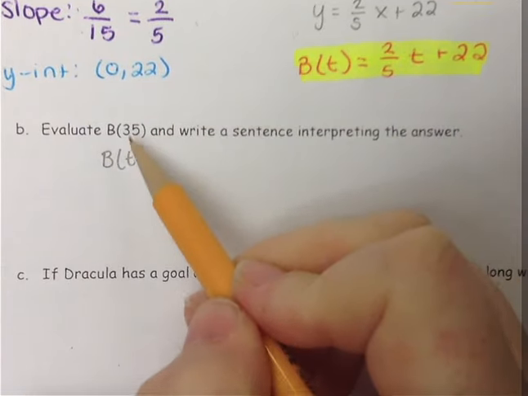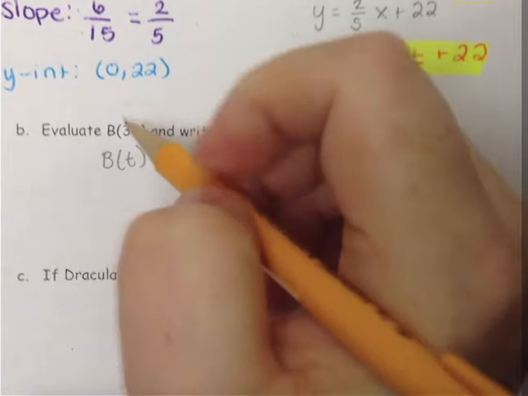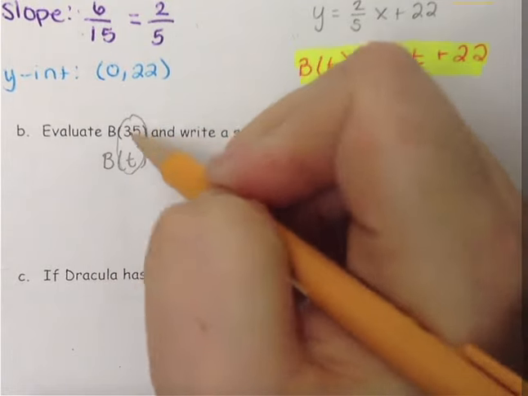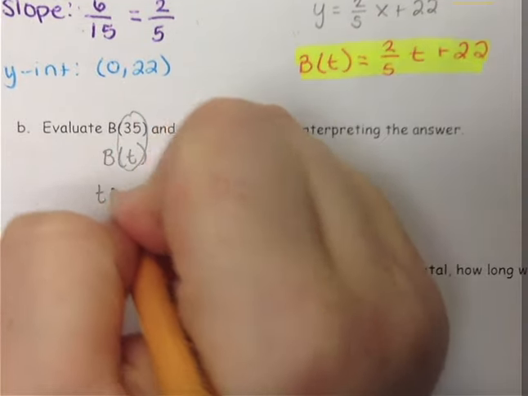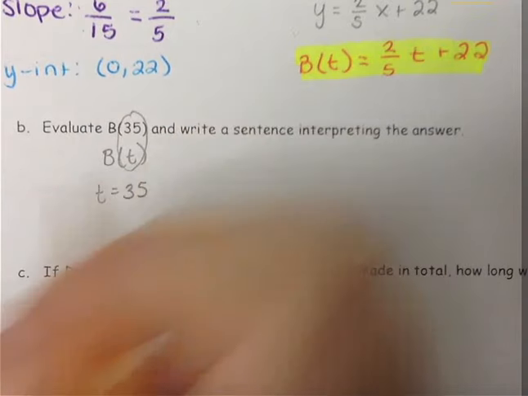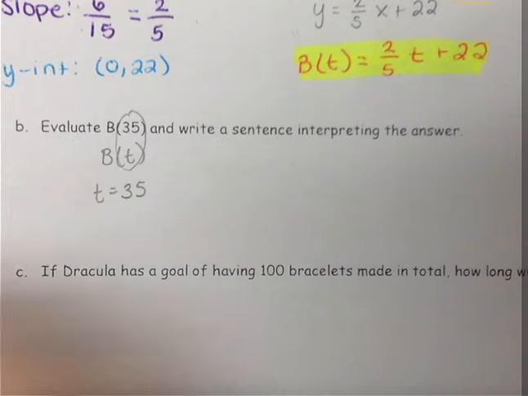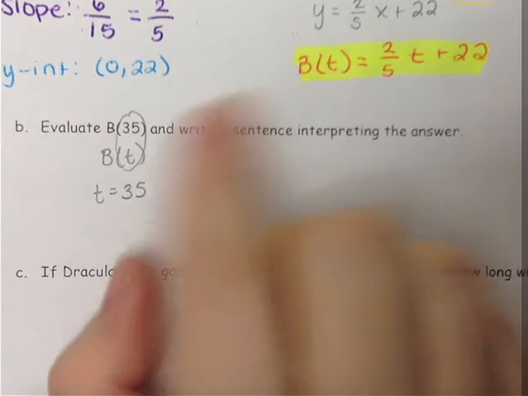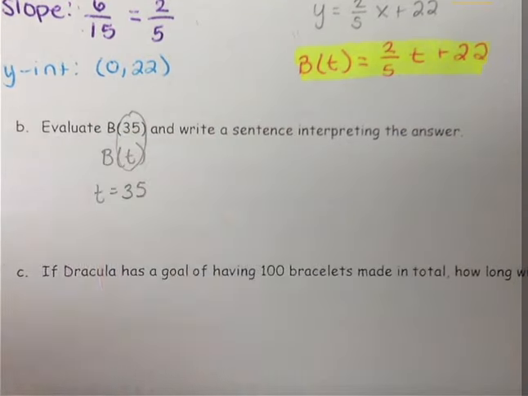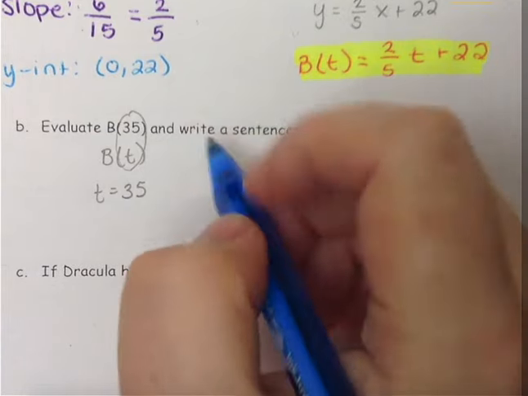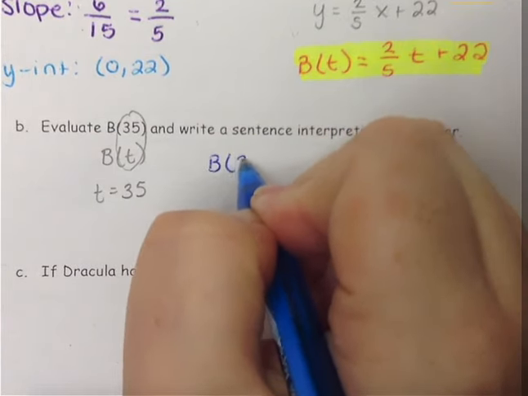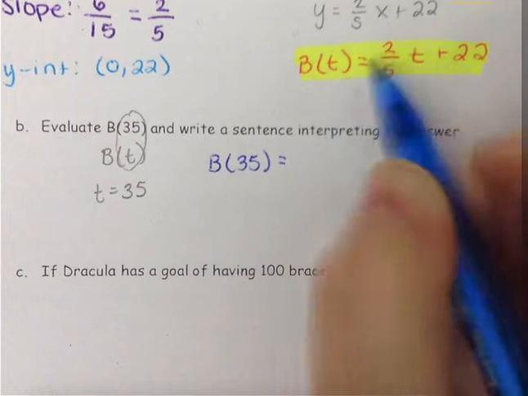The difference is that instead of it saying t, it says 35. That actually lets us know that that t is now 35. So if we use this equation, we want to put b of 35. So we put this b of 35 equals.